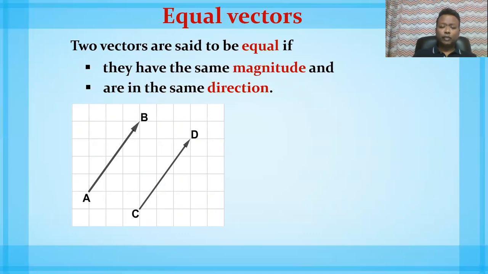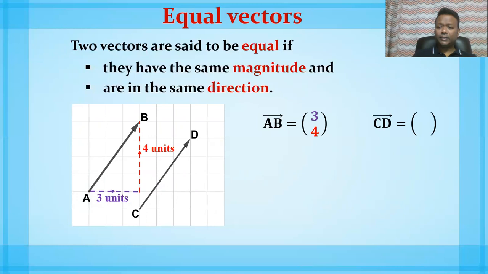Let us first express AB in column form by considering the horizontal movement from the starting point A, which is 3 units to the right. So we put 3 in the first row of the column vector AB. Now we look at the vertical movement, which is 4 units upwards. So we write 4 in the second row.